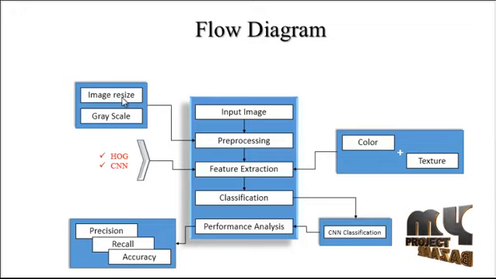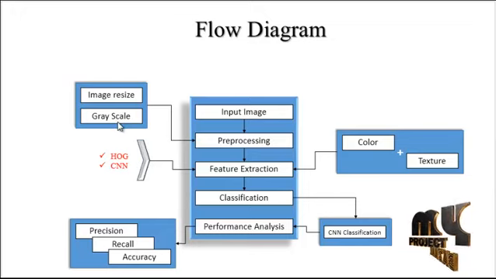In image resize, we are going to resize the image into a size of 256 by 256, which means the number of rows will be 256 and the number of columns will be 256. After resizing, we move on to the grayscale conversion. If the input image has RGB channels like red, green, blue, it will be converted into grayscale form.